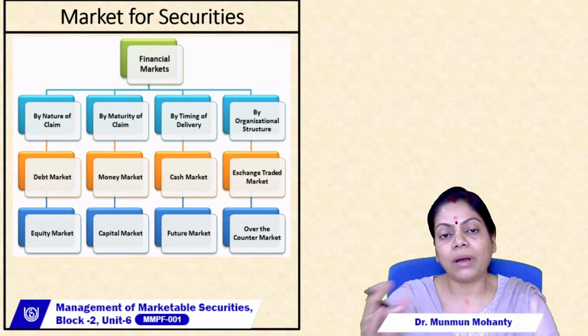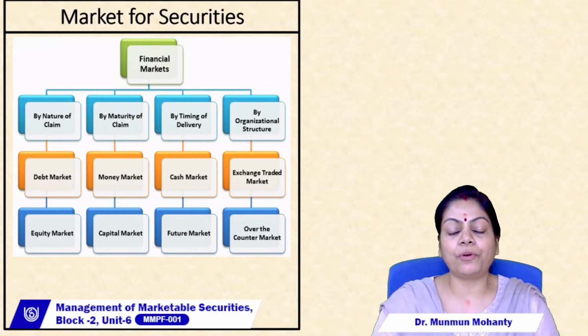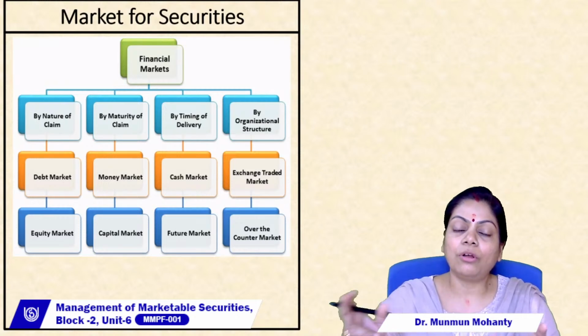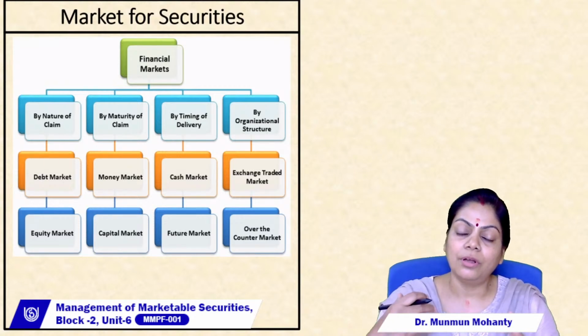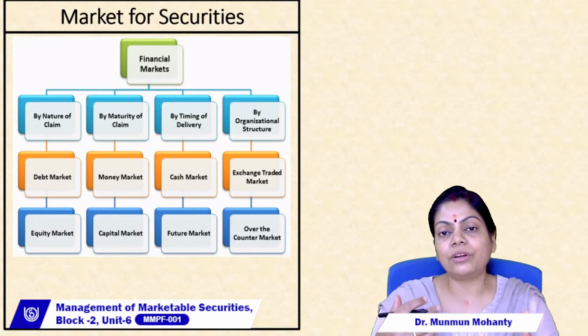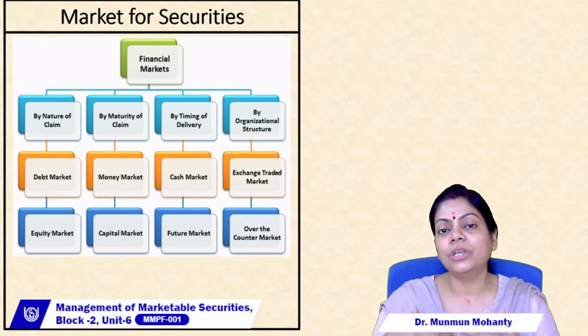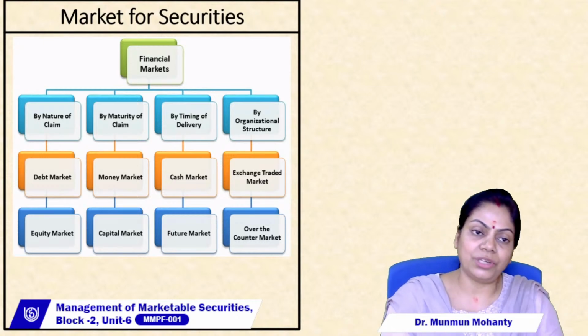All buyers and sellers converge at one point, the exchange, through which all buys and sales happen. Whereas in over the counter, the buyer and seller have to come face to face, and only then can the transaction happen, because there is no middleman in the OTC market.